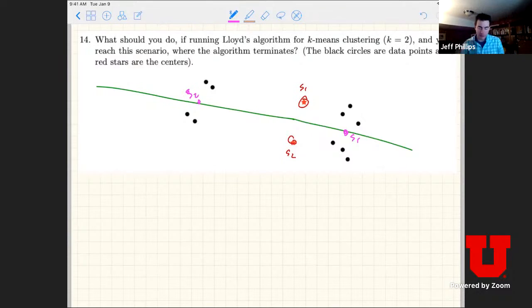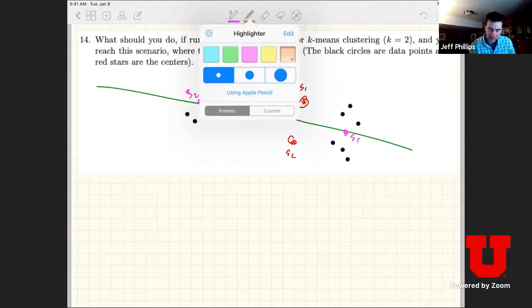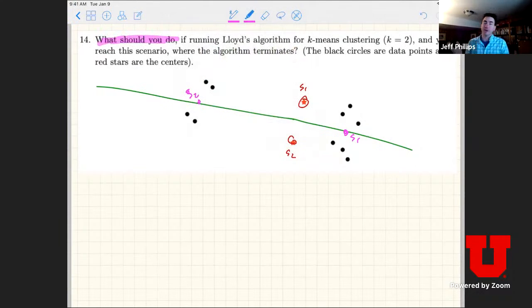Okay, so the question is, what should I do? What should I do if I run Lloyd's algorithm and I get here? Should I say, that's fine, I'm tired, this is question 14, I'm just going to stop, or should I do something here?